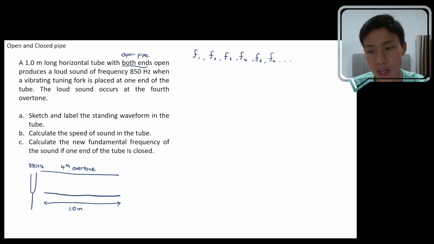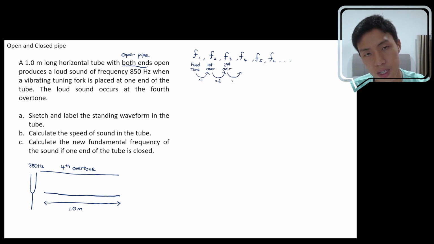We know that the first frequency here is also known as the fundamental tone. If you go over the fundamental tone once, then you go to the 1st overtone. If you go over a 2nd time, that will be called the 2nd overtone. Go over for the 3rd time, that will be the 3rd overtone.